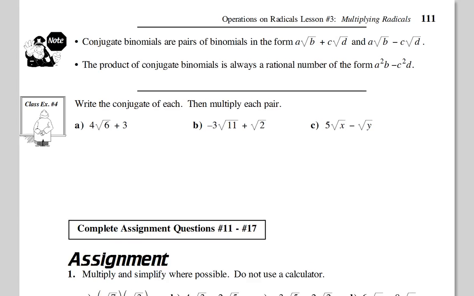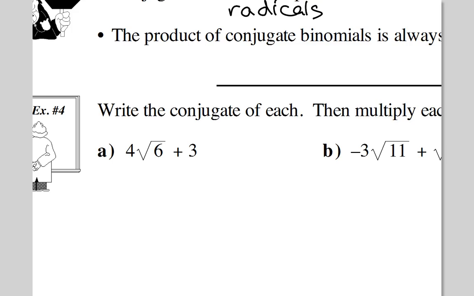So here we have some conjugate binomial radicals. They want us to write the conjugate and then multiply each pair. For the conjugate, just put this next to it, just copy and change the sign.